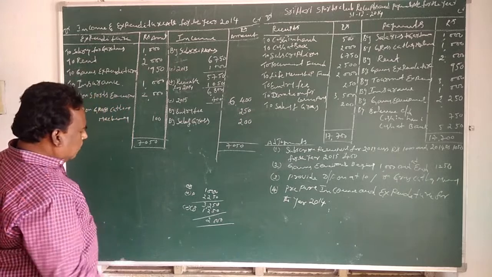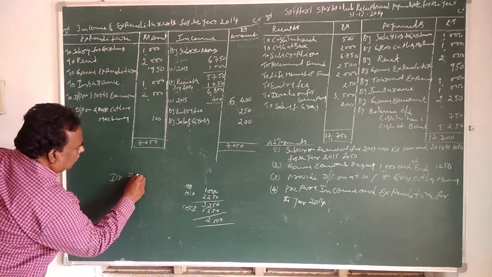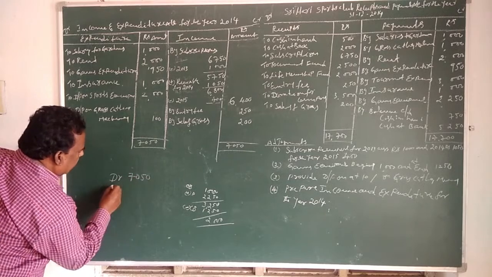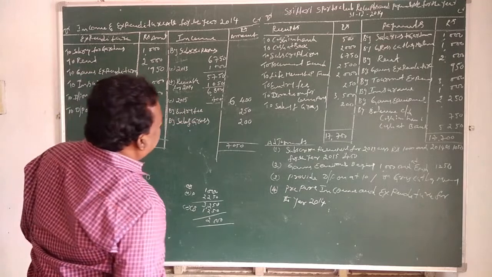So here the debit total is rupees 7,050, whereas the credit total is 6,850.